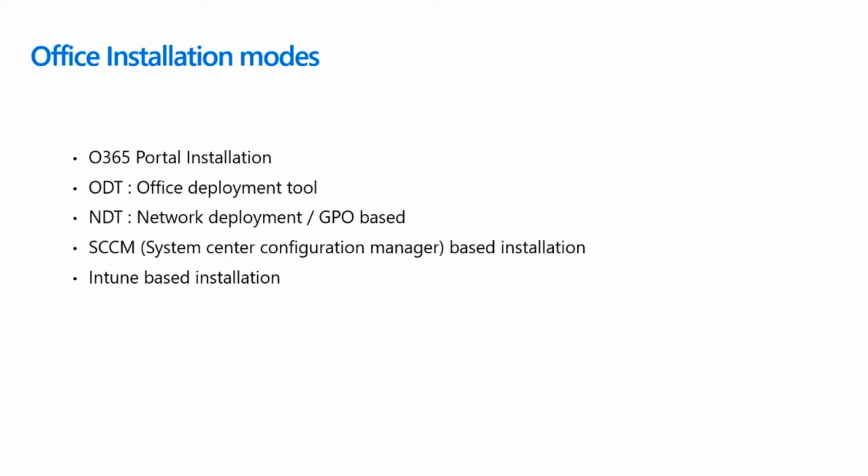However, if the network capacity doesn't allow Office to be installed from the cloud, then Office can be deployed with ODT from a local source as well. We will go through some of the configurations in the upcoming slides of how to make that possible.